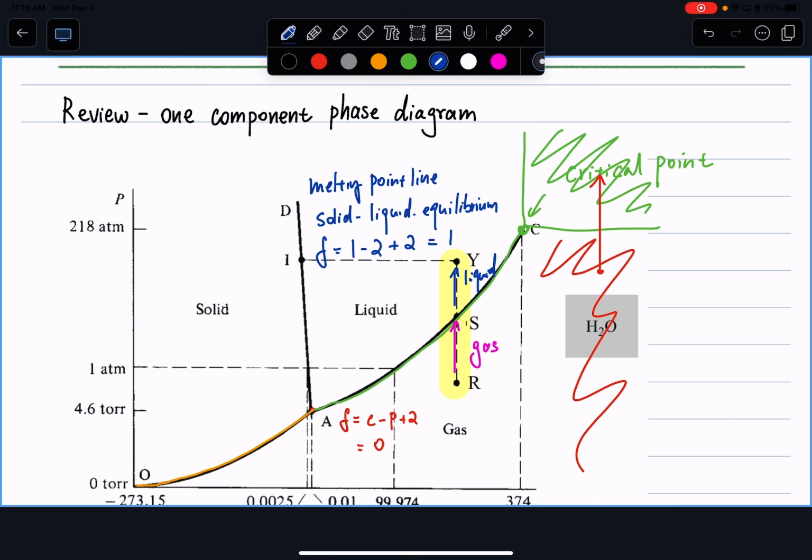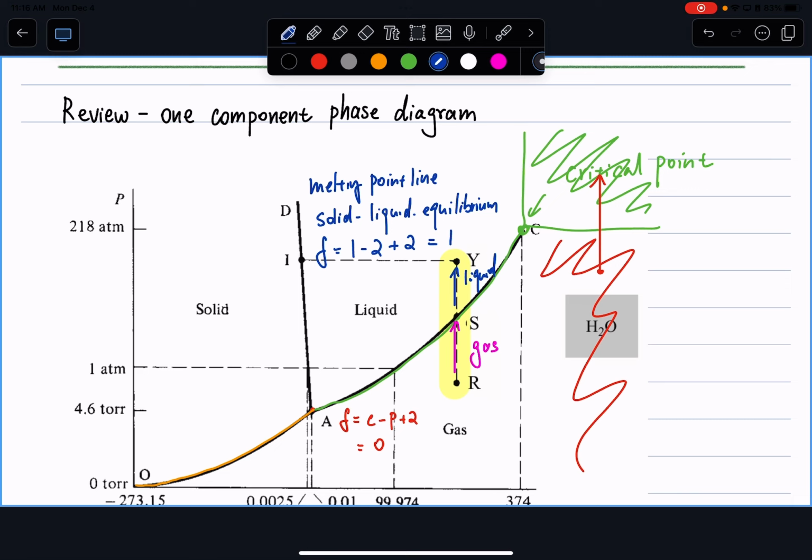We have dG equals VdP. Now in this equation, we're talking about how your volume is going to change with respect to pressure in the liquid phase. One of the easy hypotheses to make is your volume is not going to change a lot with respect to pressure if we're talking about a liquid.